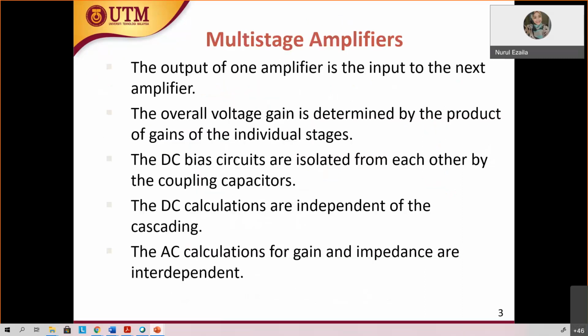The overall voltage gain means the product of the gains of the individual stages. Overall means the total. So AV total is equal to AV1 times AV2 times AV3, for the case of this example.